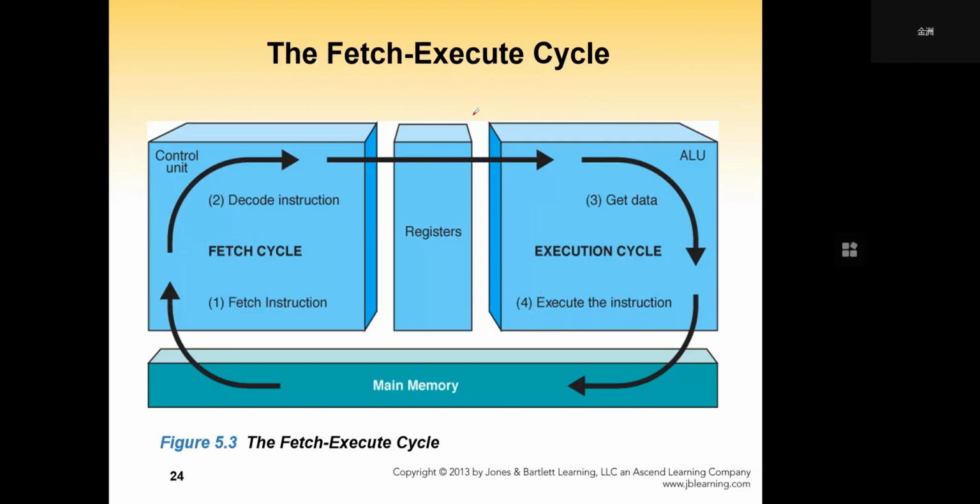Okay, so we have already talked about what the instruction format looks like and how it is constructed, and we know how to decode such an instruction. Then recall the fetch and execute cycle. Each time we fetch an instruction and put it in the instruction register, and then we decode the instruction, right?